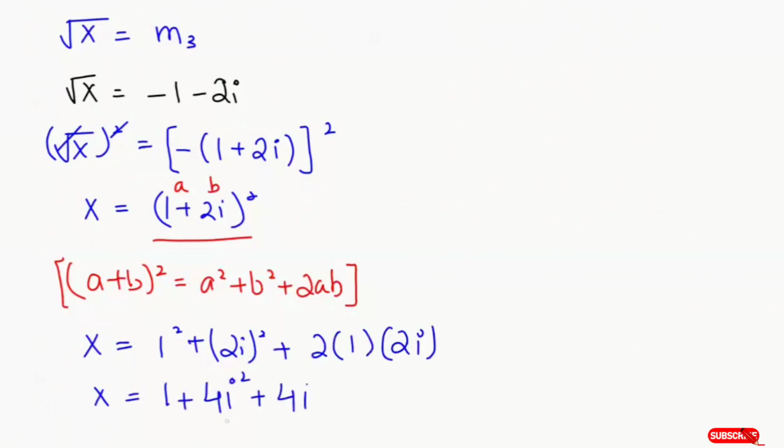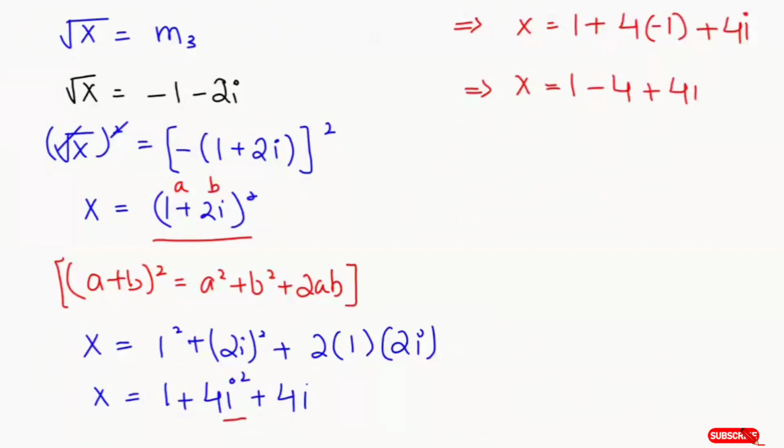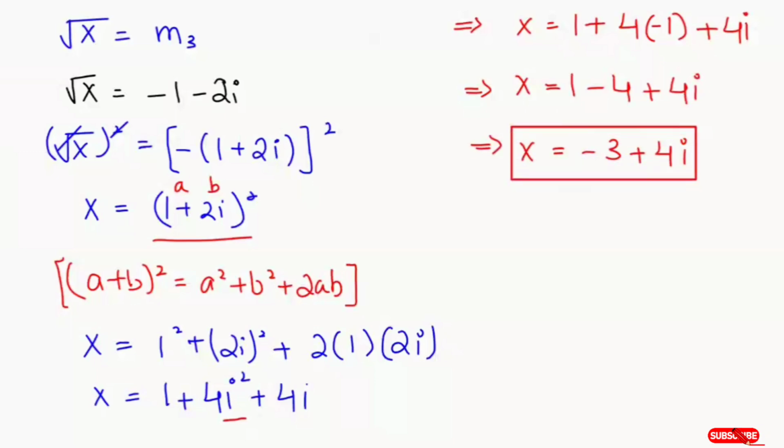And in replacement of iota square, we're going to write -1. x is equal to 1 plus 4 times -1 plus 4 iota. x is equal to 1 plus minus 4 plus 4 iota. And here this will be equal to -3 plus 4 iota. We get another complex solution. So this is the final answer.